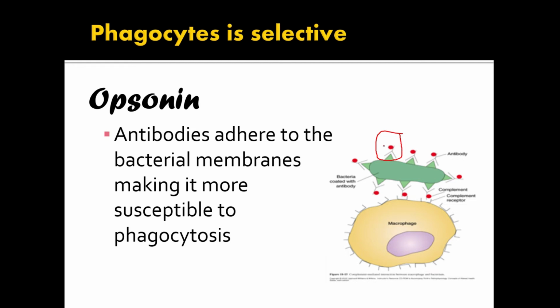The presence of this antibody makes it susceptible to phagocytosis. This is the macrophage, and it is attracted by these antibodies, signaling that this is not part of our body and we have to remove it. So the macrophage will move and eat the whole bacterium inside it, and then there is a process of degradation and so on.